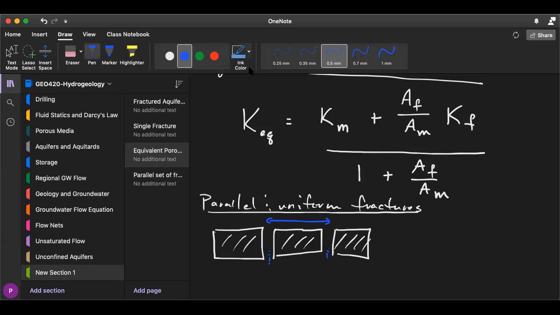We've got some height here, H, and let's call this length here little L. It goes from halfway through to halfway through.